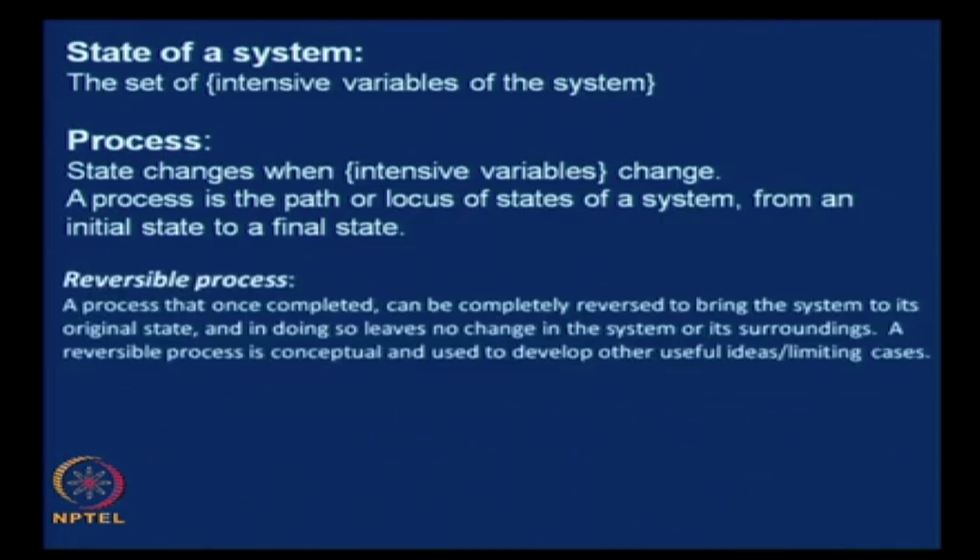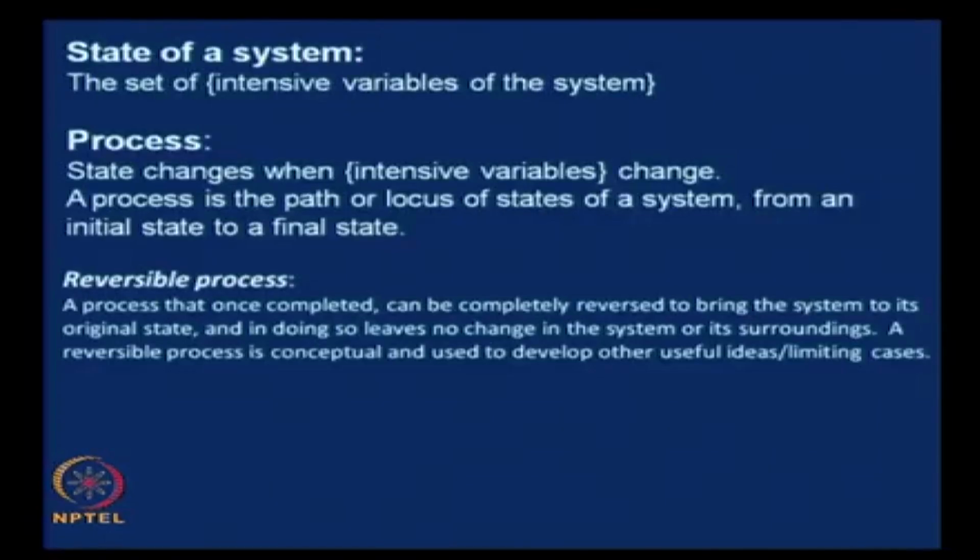There could be many types of processes. We will look at a couple of them which are important. A reversible process, as you know, is not realistic, but it is a very good concept which we can use to develop arguments and test our results against.